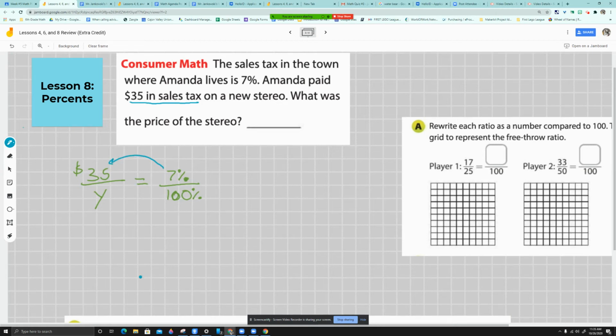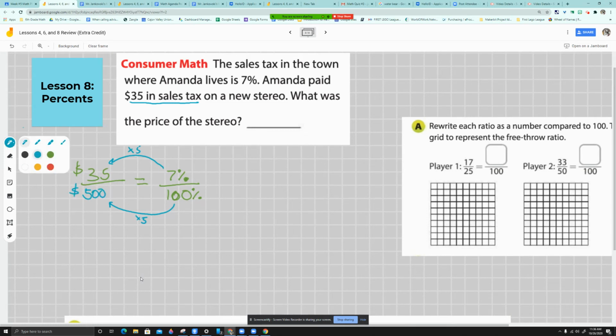Well, I could do that by multiplying times 5. 5 times 7 is 35, which means I also have to multiply the bottom number by 5 as well. 100 times 5 is 500. So the cost of her stereo was $500.